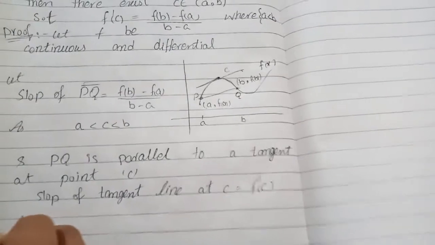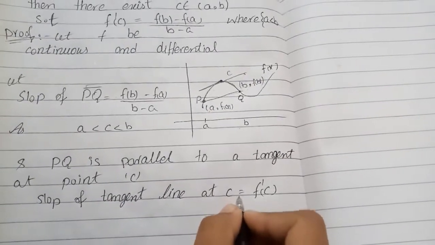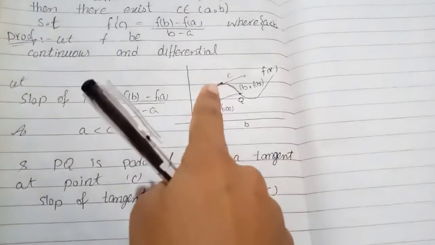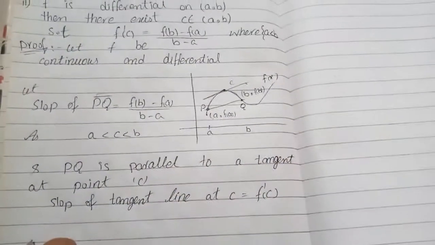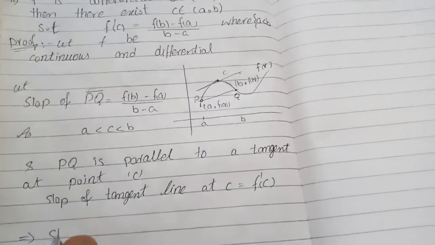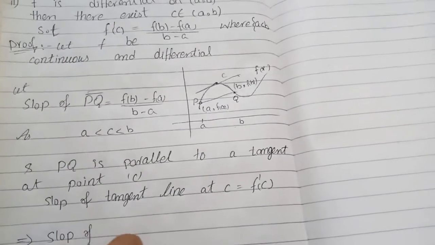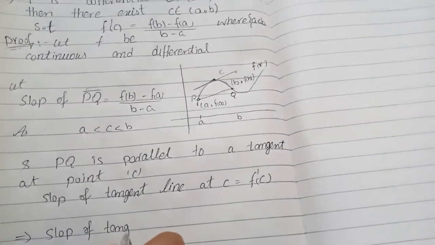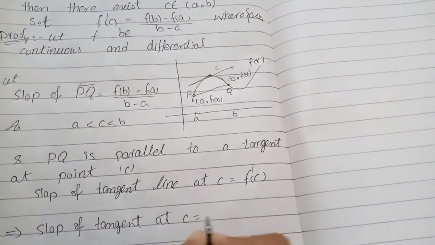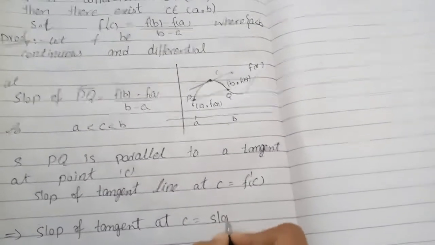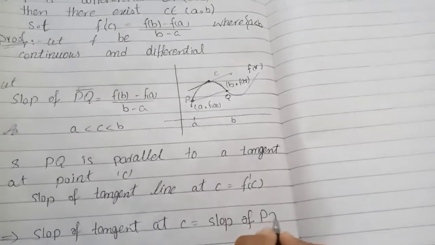So we get the slope of the tangent line, and we know that these two lines are parallel, so the slopes are equal. This implies that the slope of the tangent at c is equal to the slope of PQ.